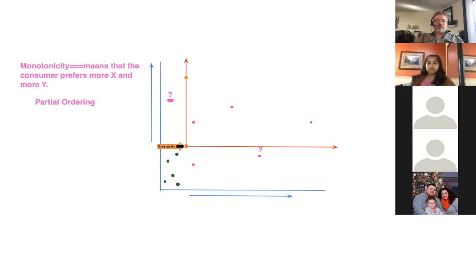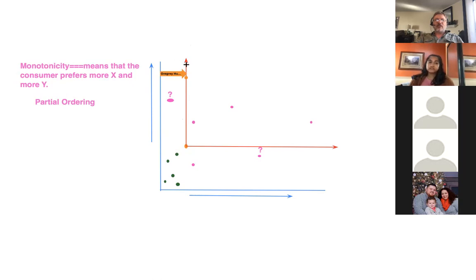Do you see, Sonica? Yeah. It's got more Y and just as much X. So all the points on these red lines, I'm going to say these boundaries, represent the boundaries of the preferred set.